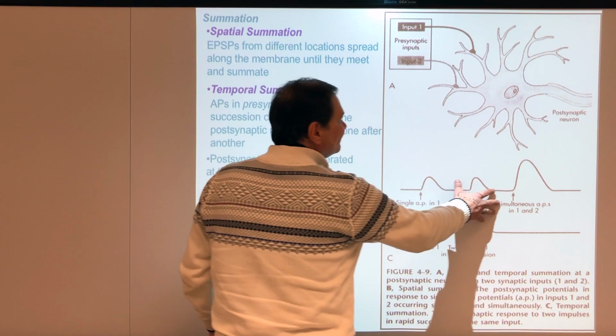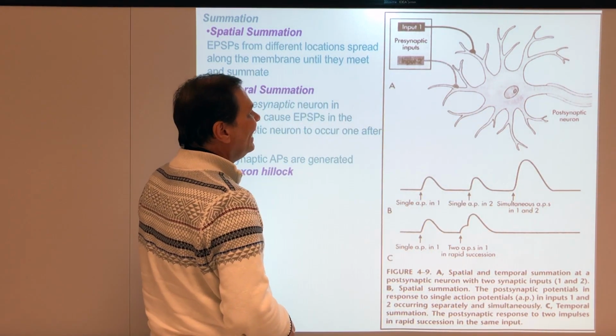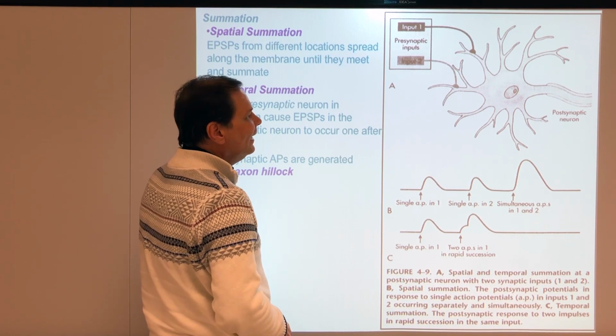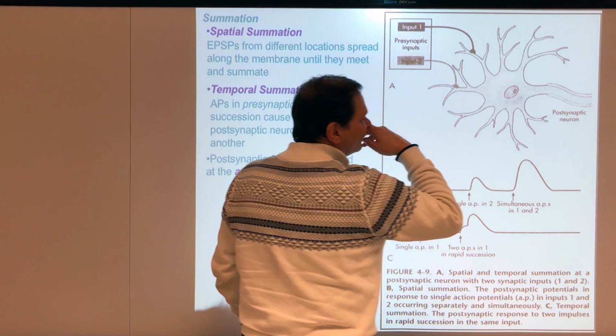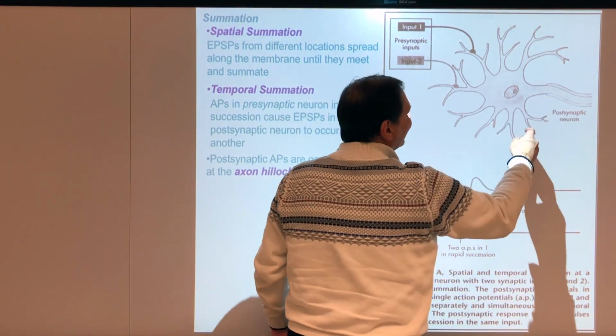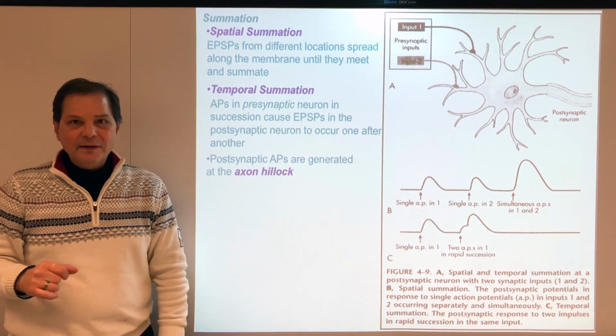These summate, and eventually they hit an area called the axon hillock, okay? And this is usually right at the junction between the cell body and the axon, and there's usually a high density of sodium channels there.